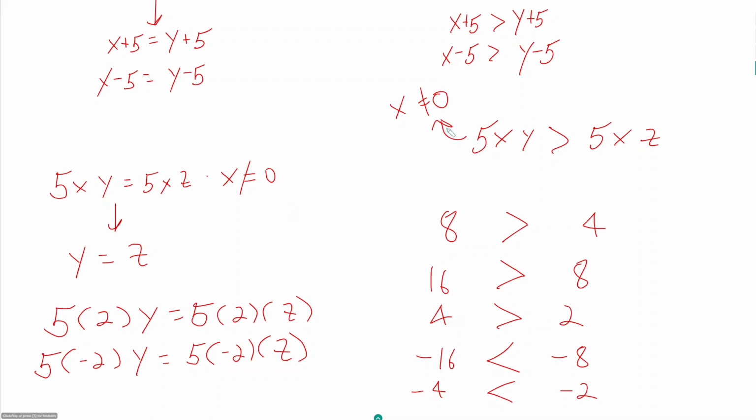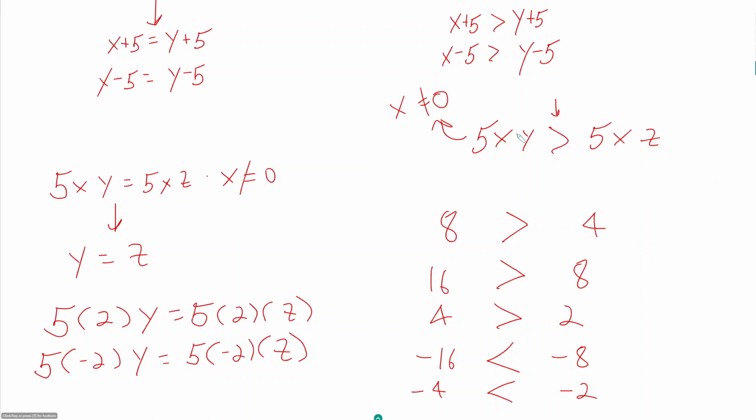So there are two things you need to know when you are multiplying or dividing by a variable in an inequality. You need to know it's not equal to 0, and you need to know its sign. If it's greater than 0, the inequality sign retains its direction. If your variable is less than 0, then it flips direction.